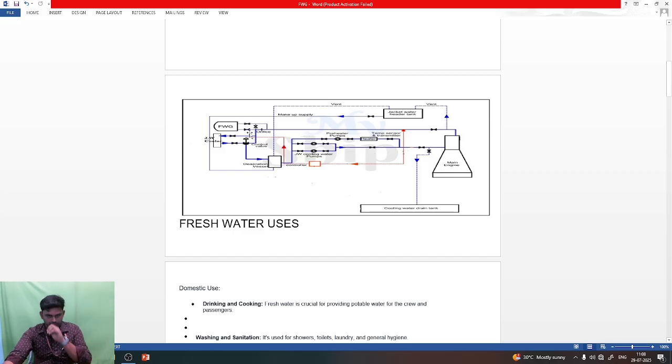When we are at anchorage or near a port, we don't need this freshwater generator, so at that time we can bypass this system. Then the HT water goes directly to the cooler, then to the pump, then to the main engine. This is without the freshwater generator.